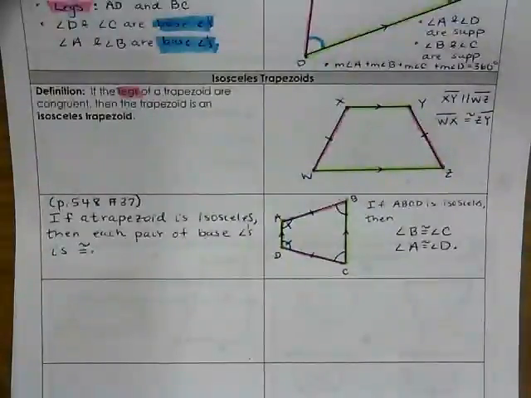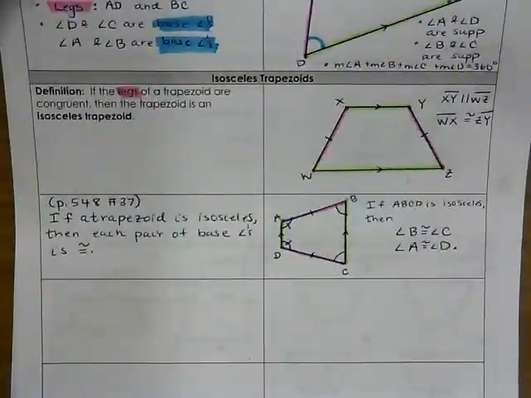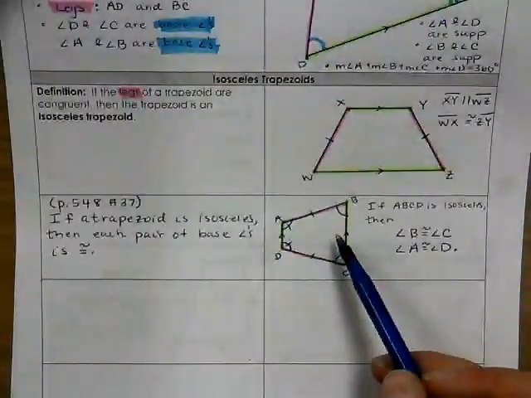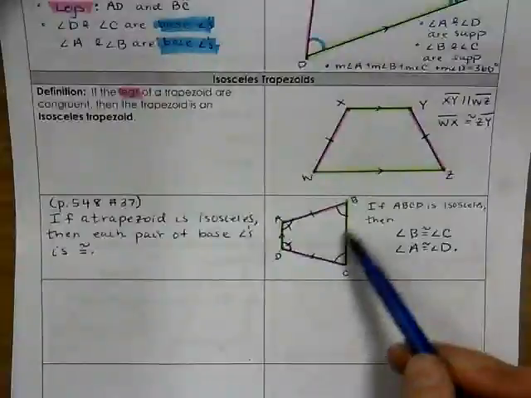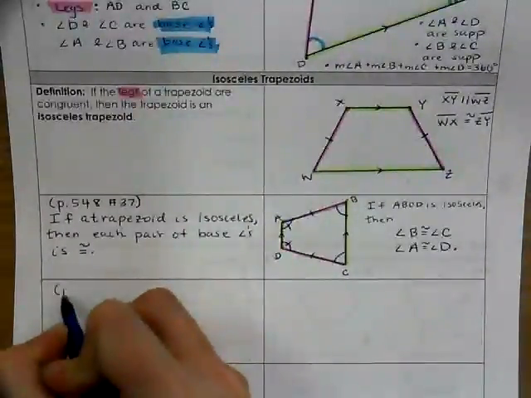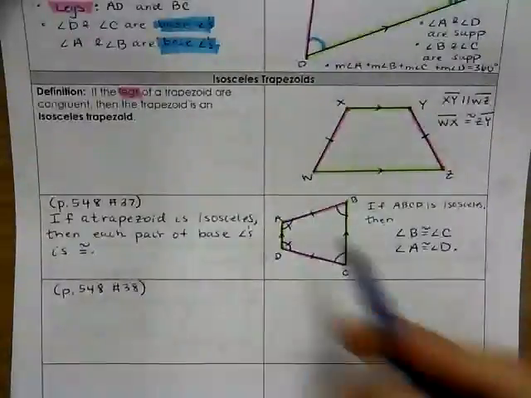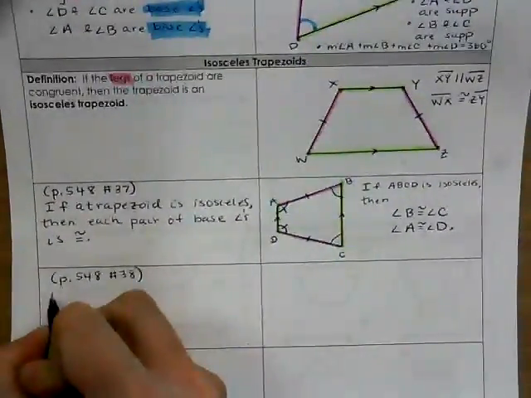There's something else that we can also conclude, and that would be the converse of this. So let's say we don't start with an isosceles trapezoid. Let's say you just know that you have a trapezoid whose base angles are congruent. You can also conclude that it must be an isosceles trapezoid. So page 548, number 38, addresses the converse of the statement that we just said.